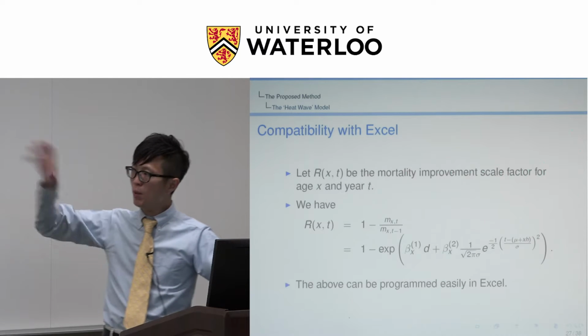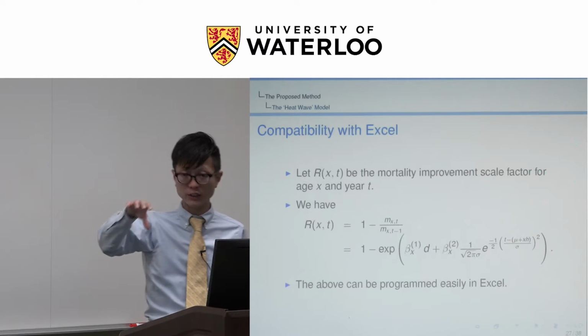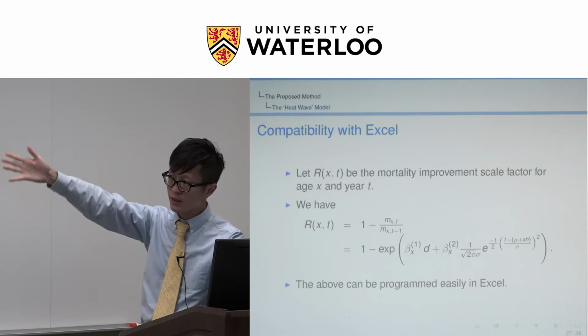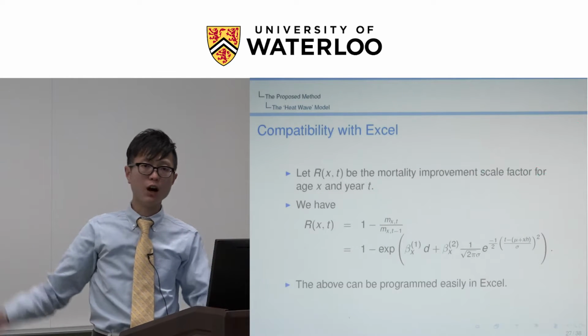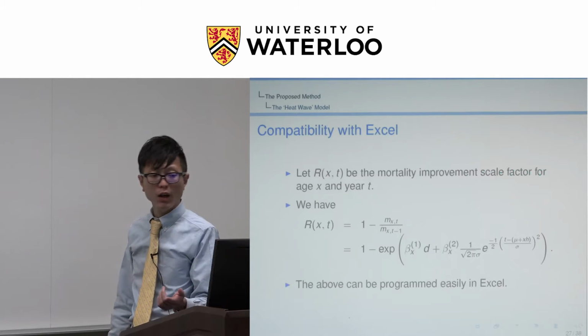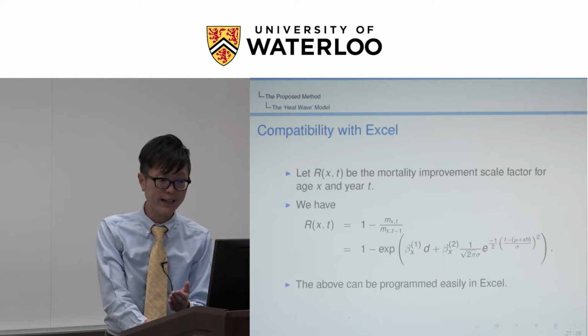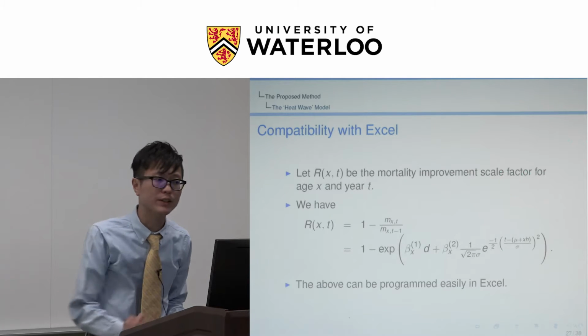And with a little bit of algebra, we can see that the annual percentage reduction in age-specific mortality can be expressed in this form, which boils down to a function of age and time. So this can be programmed in Excel very easily given the estimates of all of the model parameters.